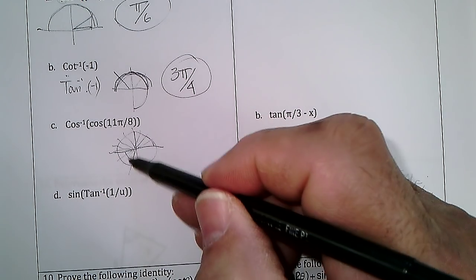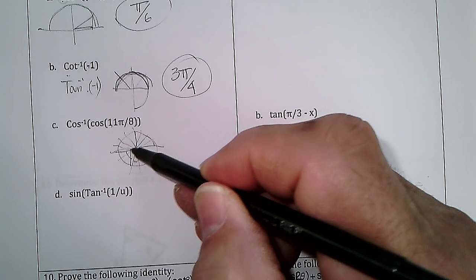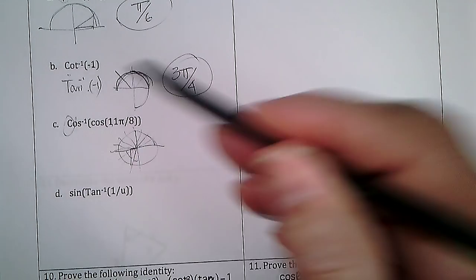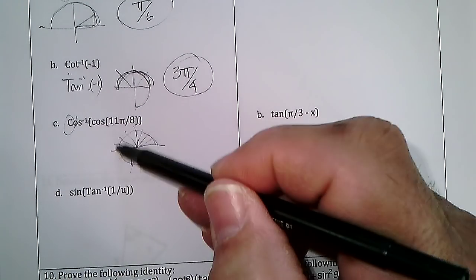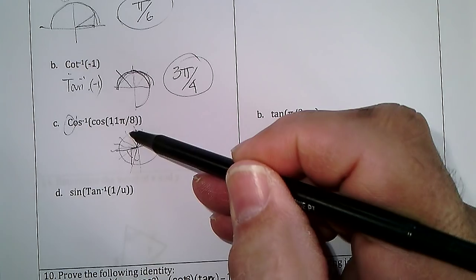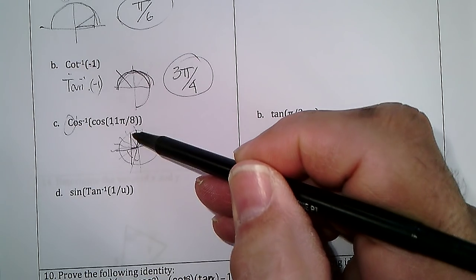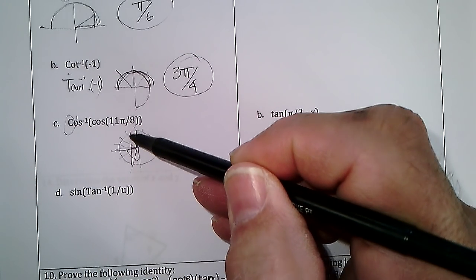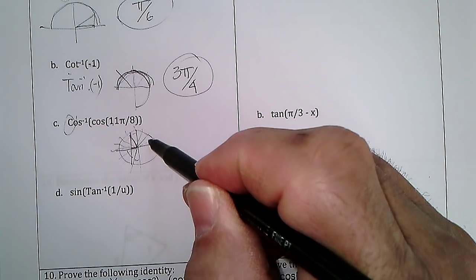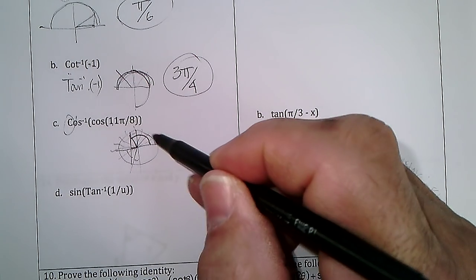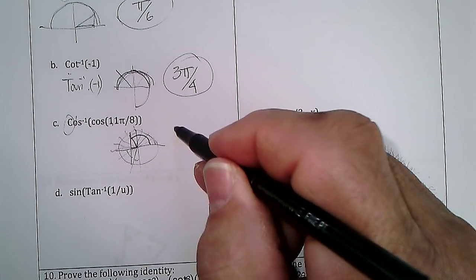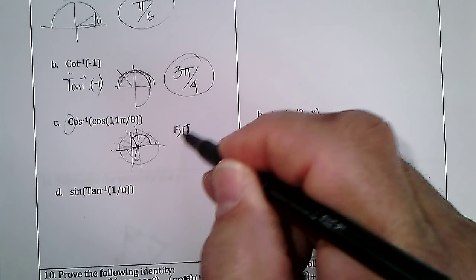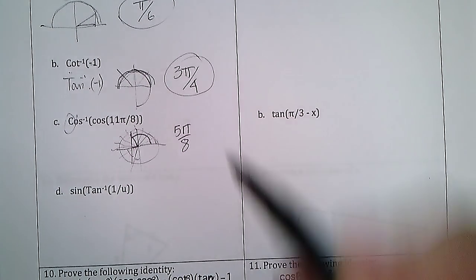So the cosine there would be just this length. Now the cosine inverse, we have to find one in these 2 quadrants that has the same cosine. Well, it'd be 1/8 off of this, or 3/8 off of this. But we have to do it from here. So that'd be 1, 2, 3, 4, 5 pi over 8.